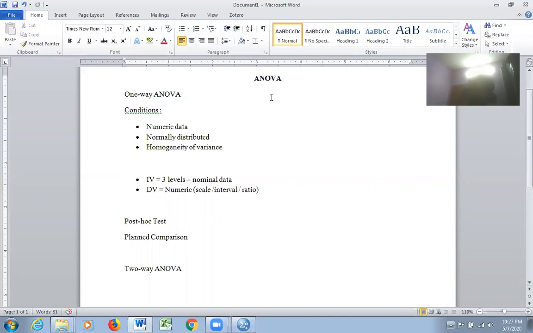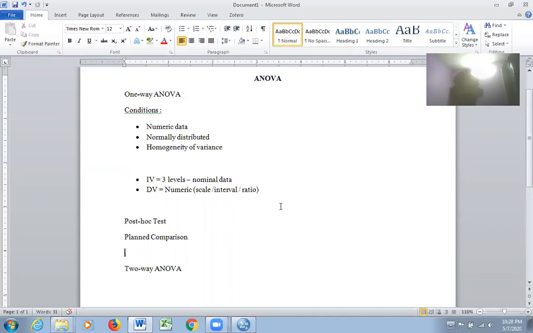Then you can think of conducting ANOVA. For example, I propose a hypothesis that there is no significant difference between rural, urban, and semi-urban students and the hours they spend on WhatsApp every day. So this is one assumption which can be tested using ANOVA.